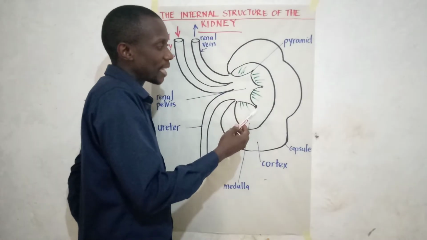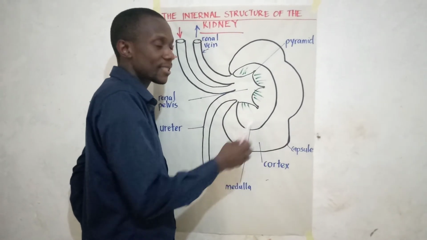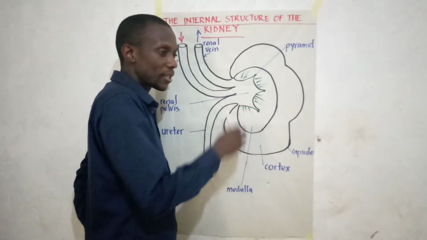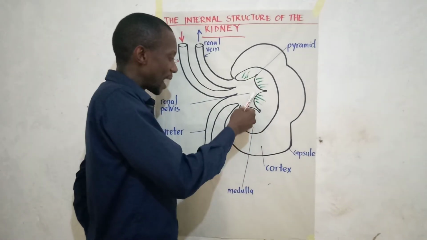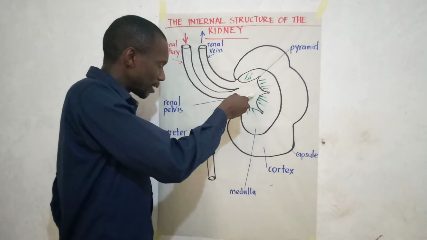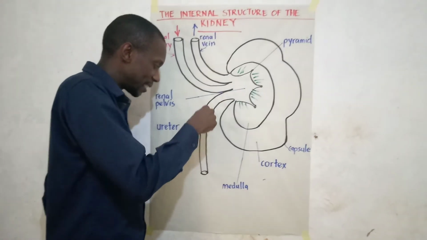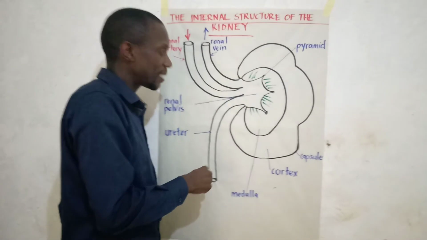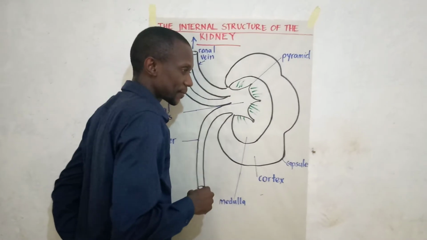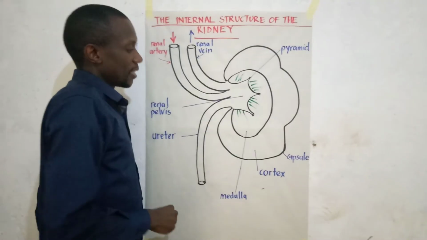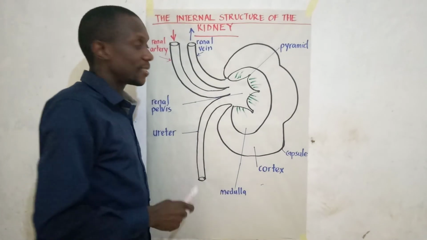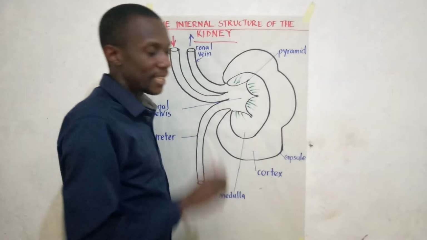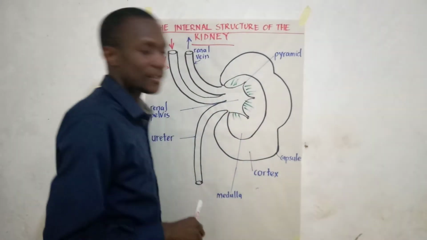Then the materials that are not needed, like the excess water, excess salts, urea, uric acid, are collected here as urine, and the urine will be let down through the ureter to the urinary bladder. That is how urine is formed, through two major processes: ultrafiltration and selective reabsorption.